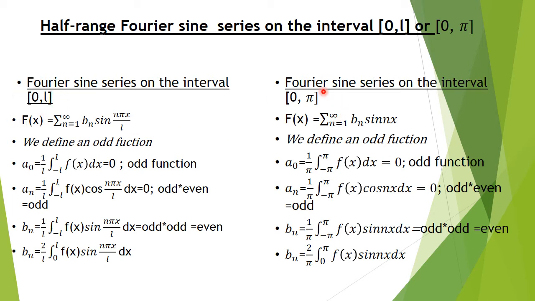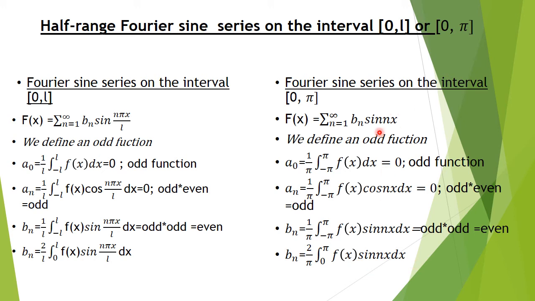And what happens when the interval is 0 comma pi? As I told you, 0 comma L is the general interval, 0 comma pi is a particular case. So if you substitute L equal to pi in every case, you will get 2 upon pi integral 0 to pi f of x sin n pi x upon pi. So pi gets cancelled, it becomes sin nx dx.